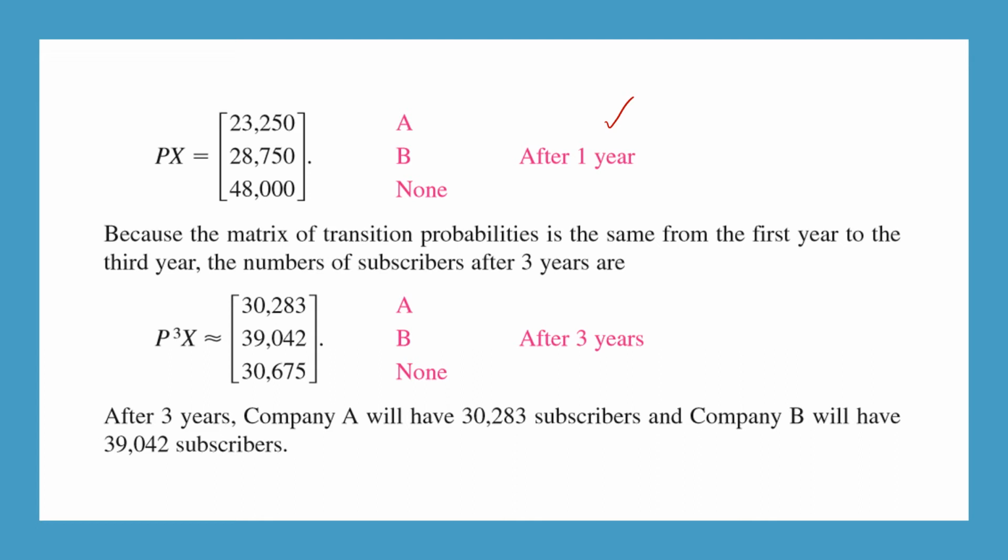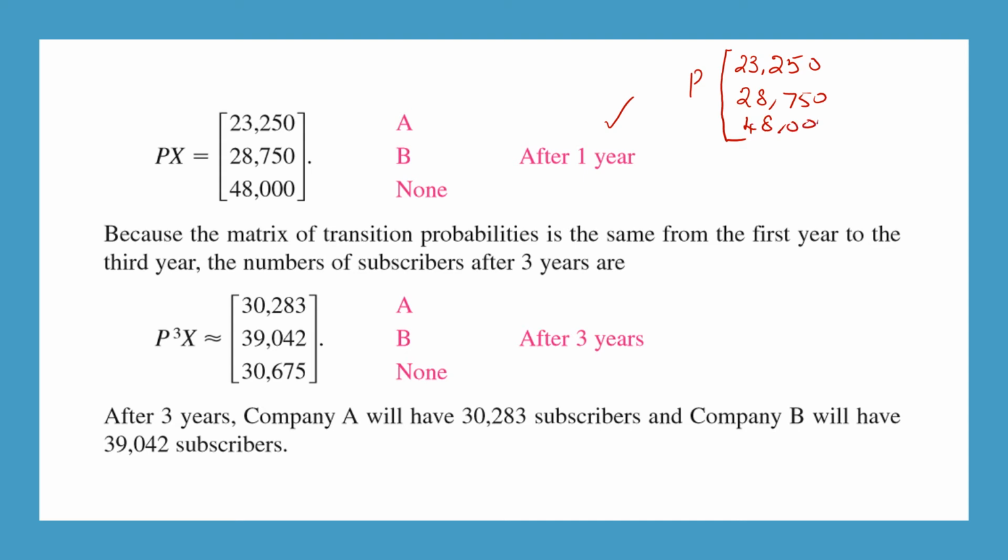If the same transition probability continues, if the same pattern continues, then at the end of the second year, we are going to have the probability matrix multiplied by the number of people at the beginning of the second year, that is 23,250, 28,750, 48,000.